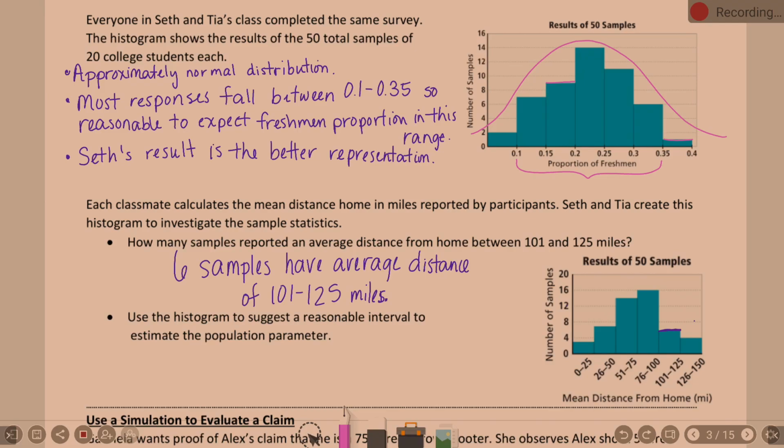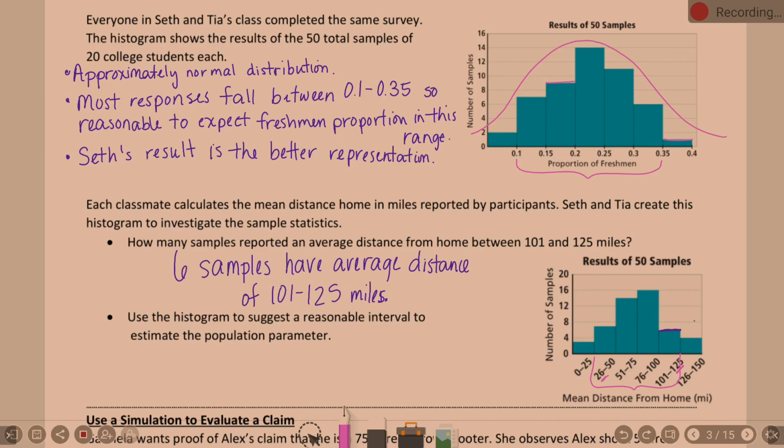When we start looking at that middle chunk, if I ignore basically the two ends, I'm looking from there to there. So I'm looking from what? 26 to 125. Which really, that's only a 100-mile distance, isn't it?